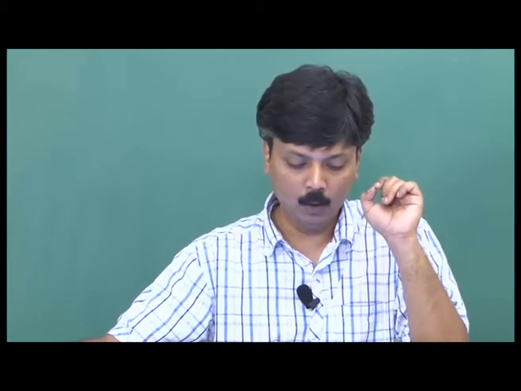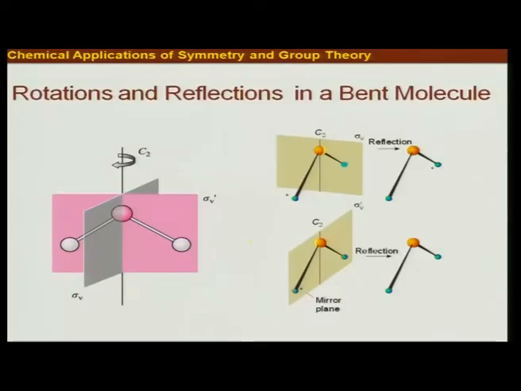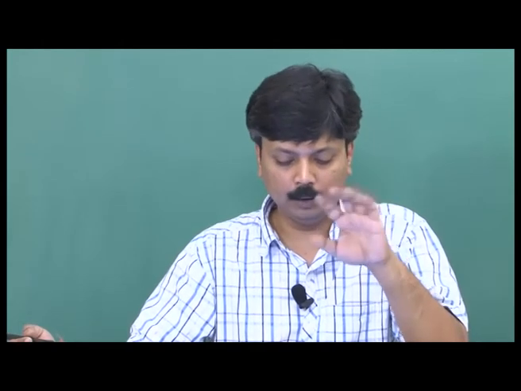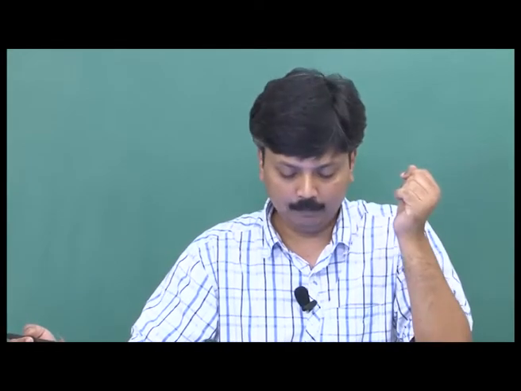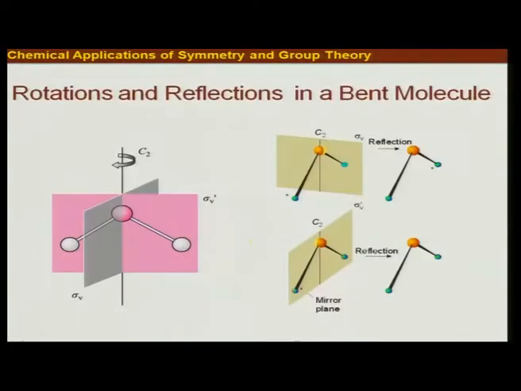Now if you have a look on your screen, we have given an example of the water molecule, and you should be able to easily find the rotation axis, which is C2, right, because we can have a 180-degree rotation by an axis passing through oxygen, which is in the plane of the HOH molecule. So that one is the C2 axis. Now in the same structure, I have tried to show two different planes.